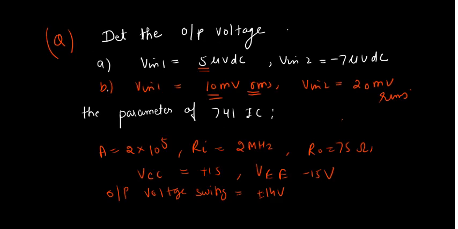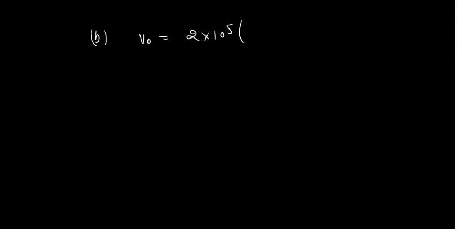Secondly, the output for the AC sources: we have applied 10 millivolt RMS at terminal 1, the non-inverting terminal, and 20 millivolt RMS at the other. The peak would be root 2 times V RMS, right? So 2 into 10 to the power 5 times (10 millivolt RMS minus 20 millivolt RMS).